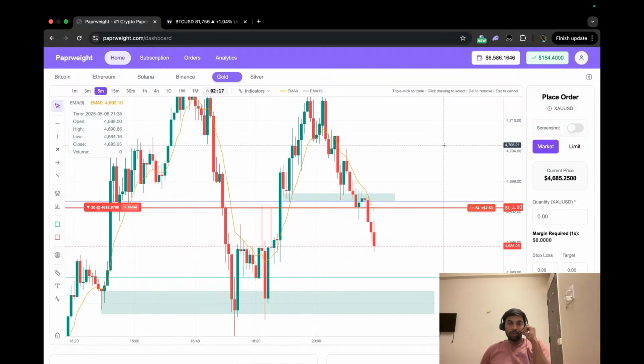Two more minutes to close this candle. Let's see how this candle is going to close. I'm not removing my SL, neither my profit. I will just wait.